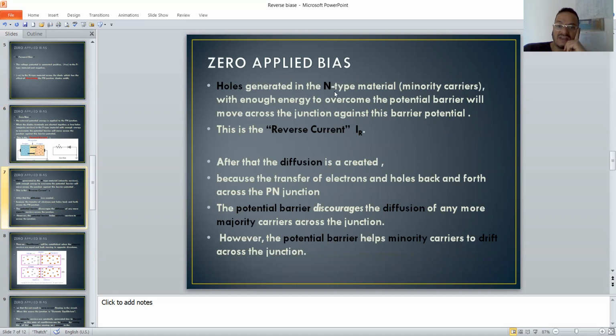Holes generated in the N-type material are minority carriers. In the N-type, we are dealing with minority carriers. The minority carriers in the N-type are the holes. With enough energy to overcome the potential barrier, they will move across the junction against this barrier potential.